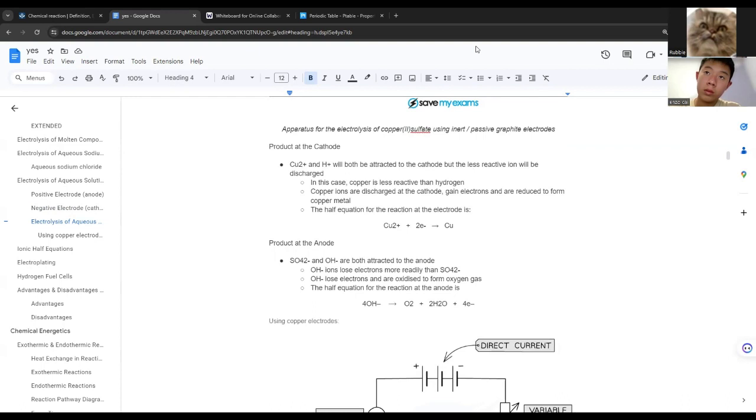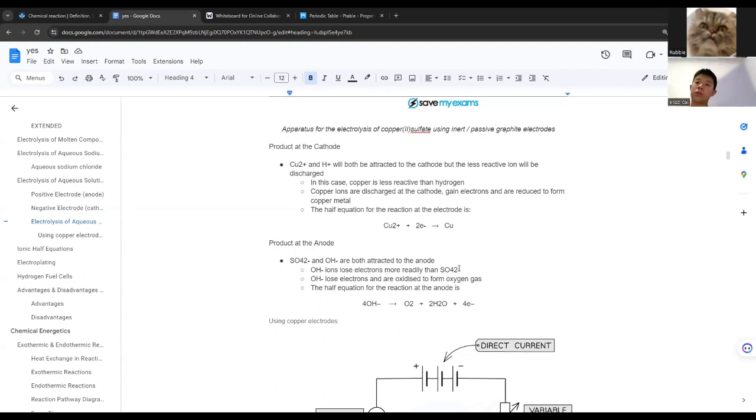The product at the anode: sulfate and hydroxide. They're both attracted to the anode, so either one of them will be the product at the anode. Hydroxide loses electrons more readily than sulfate. Therefore, hydroxide loses electrons and oxidizes to form oxygen gas.